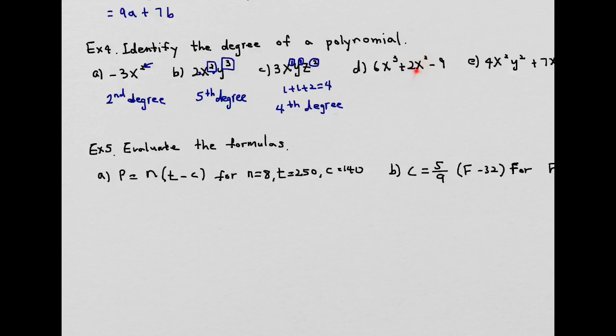And this one doesn't even have a variable, we call that a constant. So what's the highest? The one with the higher exponent. If we have different terms, the one with the higher exponent will represent the degree of the whole expression. So this is going to be third degree.